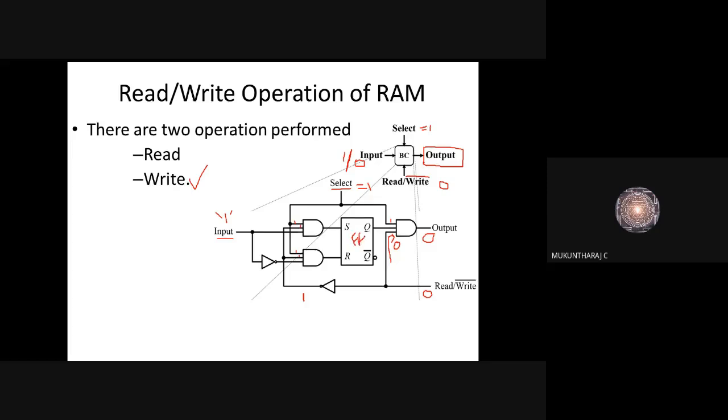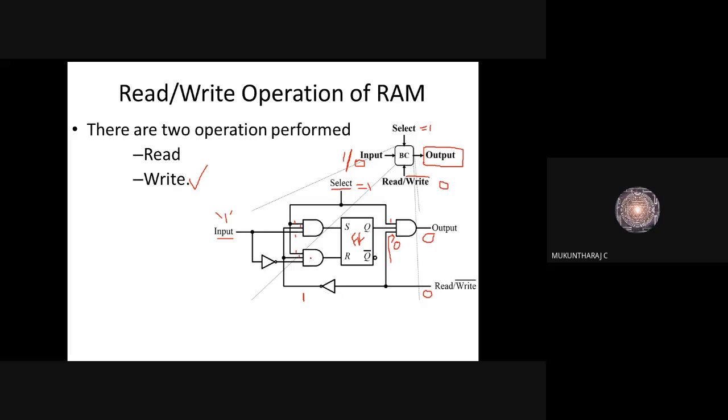Flip-flop can be denoted as FF, capital FF. So we are going to write logic 1 inside the memory element. Here two inputs of these two AND gates are set with 1 1. The third input for this AND gate is logic 1, because this line is directly connected with the input line.